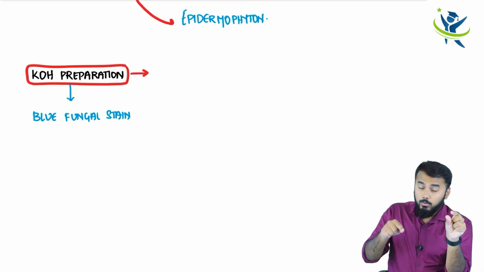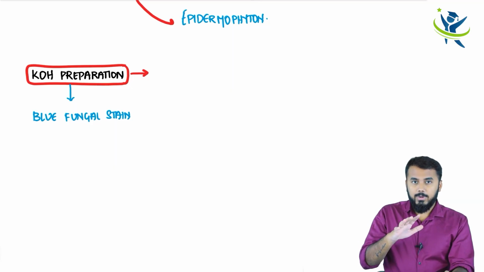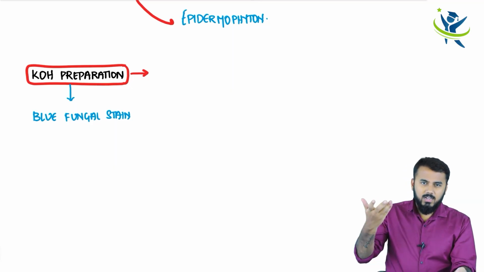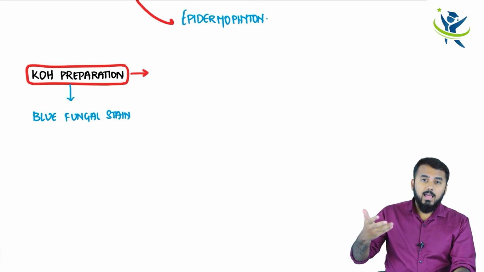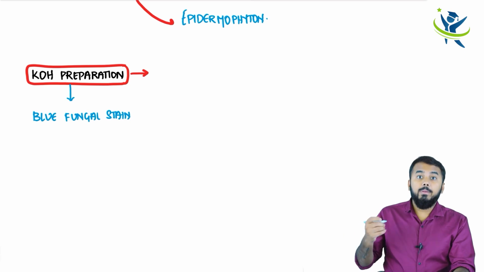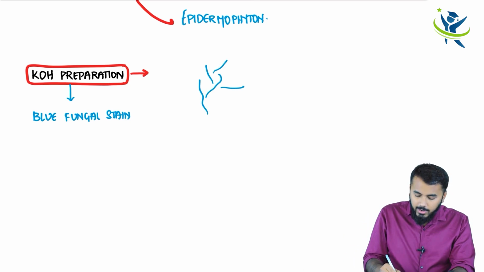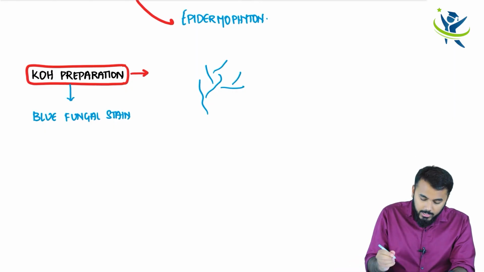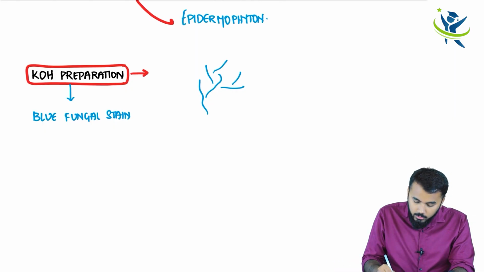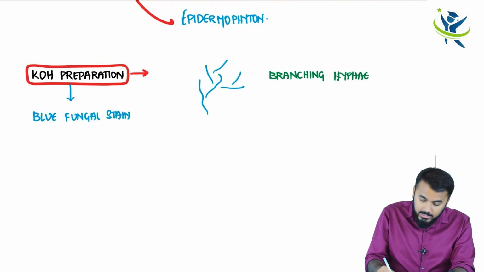Under the microscope, what is the structure of a dermatophyte? Obviously it is a fungus, and a fungus will have hyphae, and they will have branches also. So on KOH preparation with blue fungal stain, you would find branching hyphae, and these branching hyphae are septate.